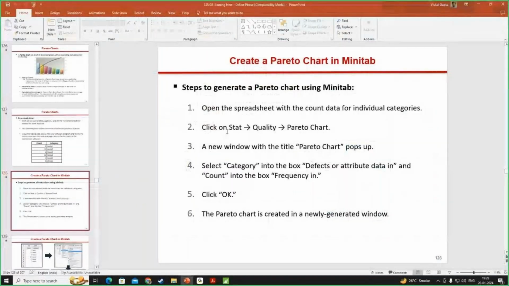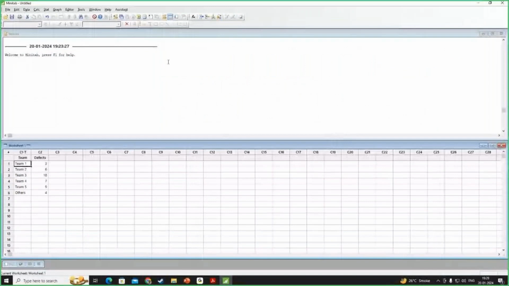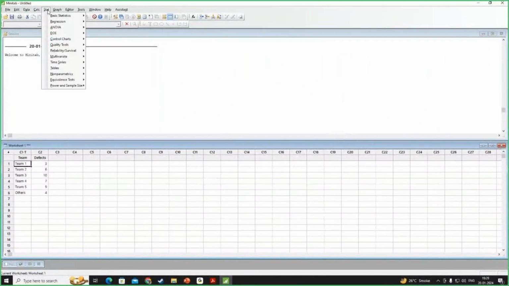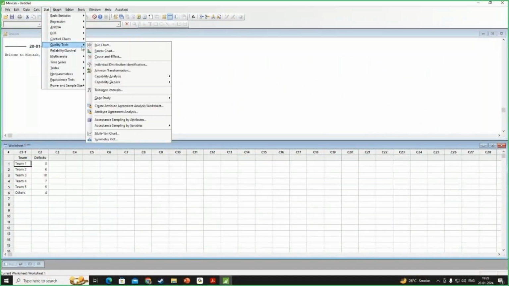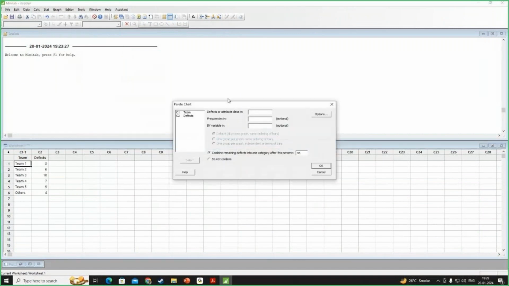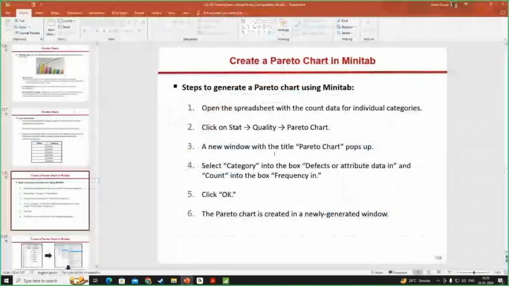Now click on Stat, Quality Tools, and Pareto Chart. In the new window, the title Pareto Chart pops up.